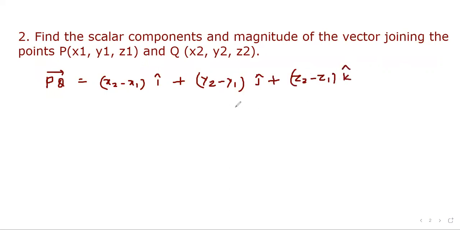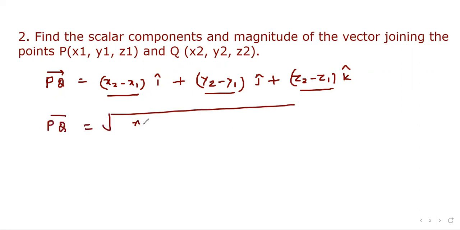So this will be the required vector, and these will be the scalar components. And suppose we want to find out its length, we can apply the formula: x2 minus x1 square plus y2 minus y1 square plus z2 minus z1 square.